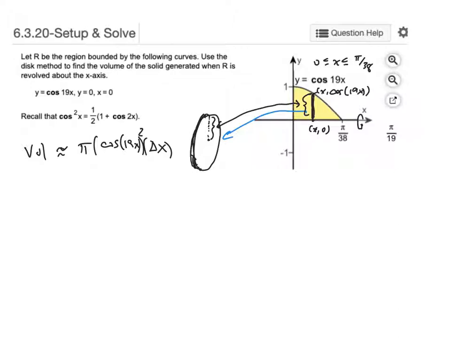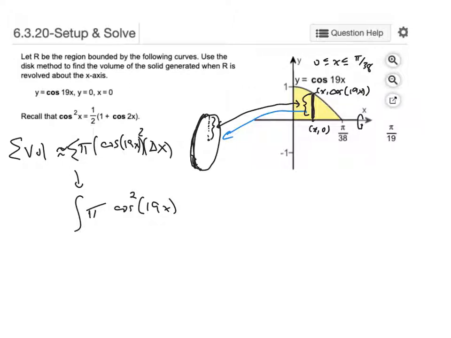So the volume of one slice is pi times cosine of 19x squared times the thickness, delta x. Therefore, the total volume is the sum of all these estimates, and in the limit that becomes the integral of pi cosine of 19x.